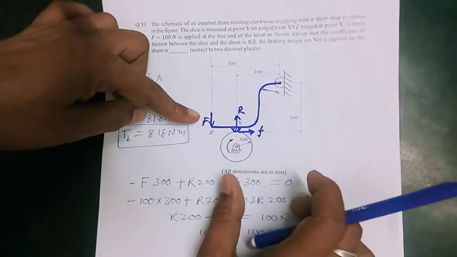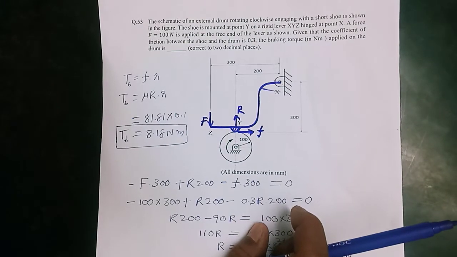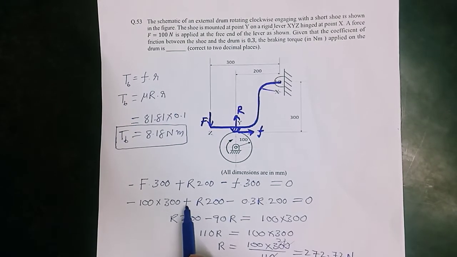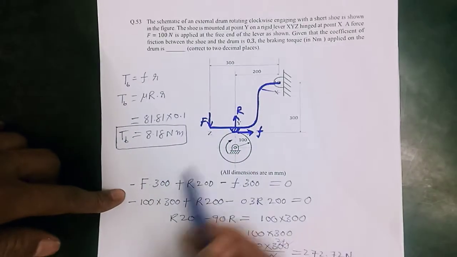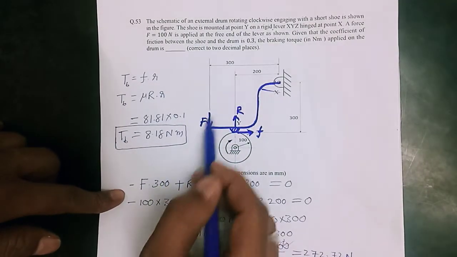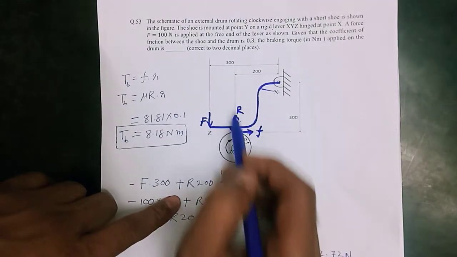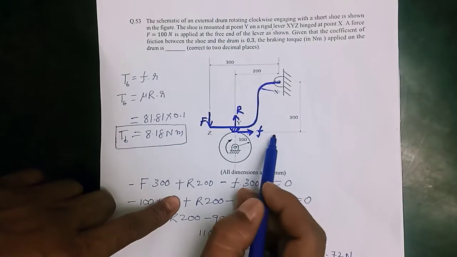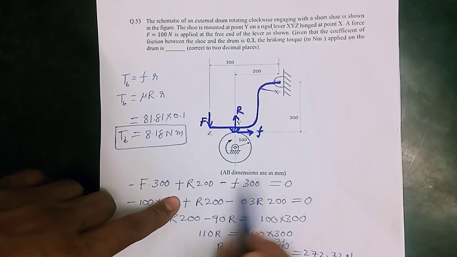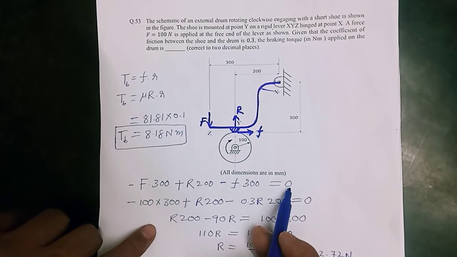Sum all the moments for the equilibrium condition of the lever. The equation will appear like this: negative for anti-clockwise, F into 300, plus R into 200 clockwise, plus this friction force into 300, again clockwise. The sum of these equals 0.